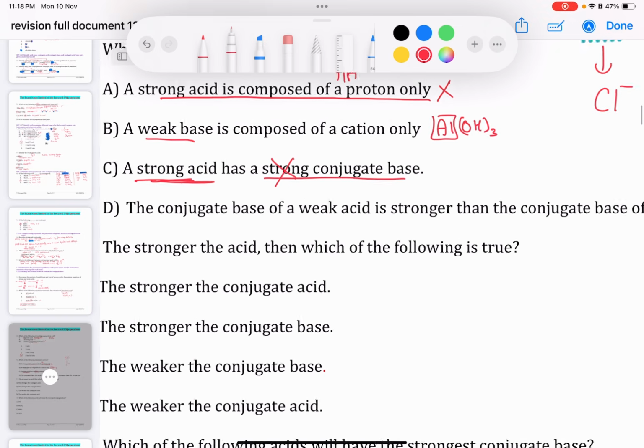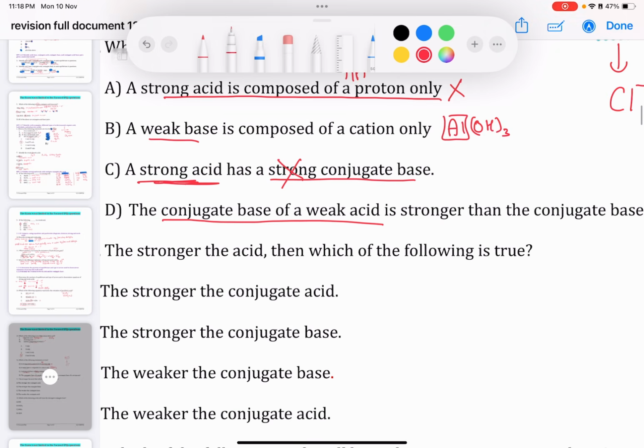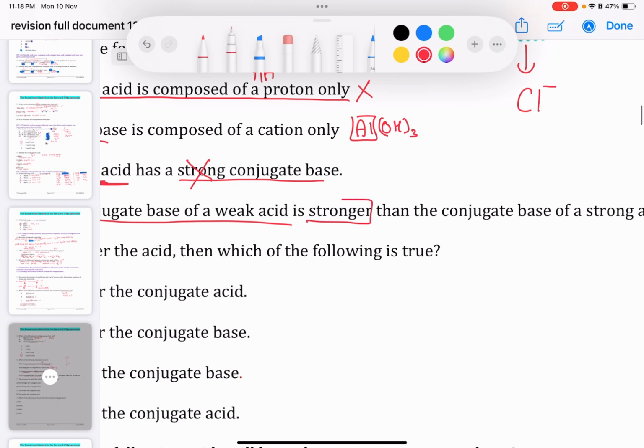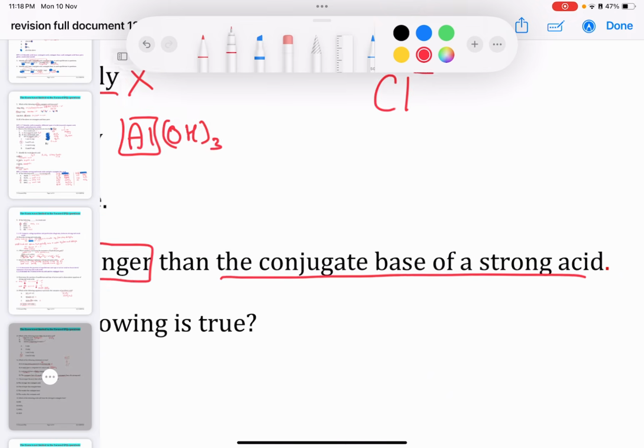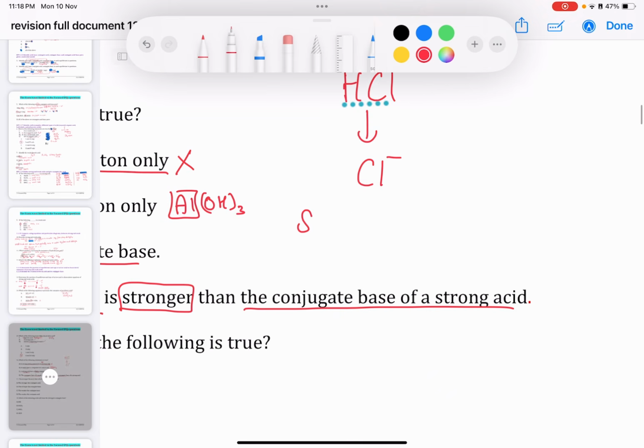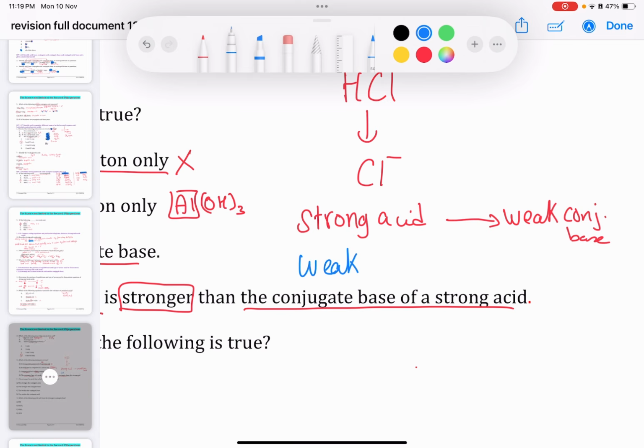The conjugate base of a weak acid is stronger than the conjugate base of a strong acid. Yes, so I'm going to write it here. A strong acid gives a weak conjugate base, but a weak acid will give me a strong conjugate base.